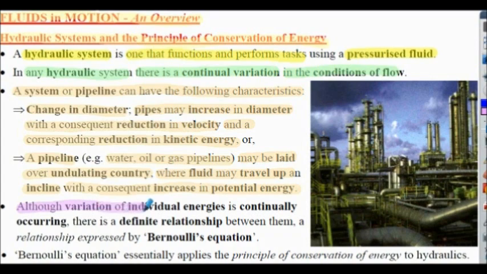Although variation of individual energies is continually occurring, there is a definite relationship between them. This relationship is expressed by Bernoulli's equation. Bernoulli's equation essentially applies the principle of conservation of energy to hydraulic systems.